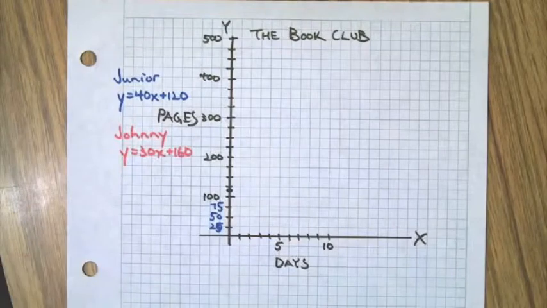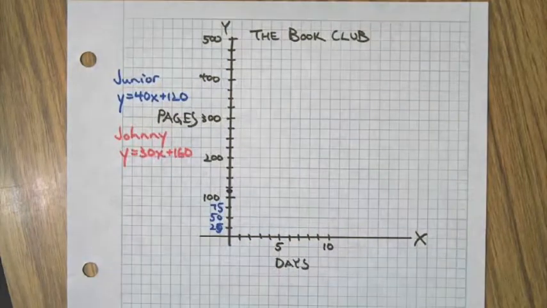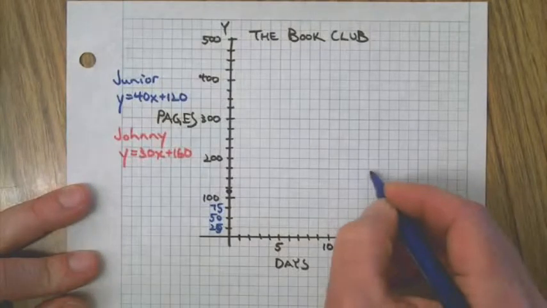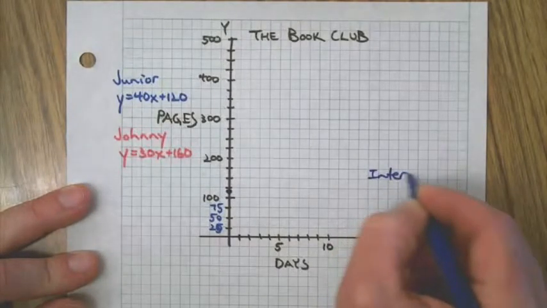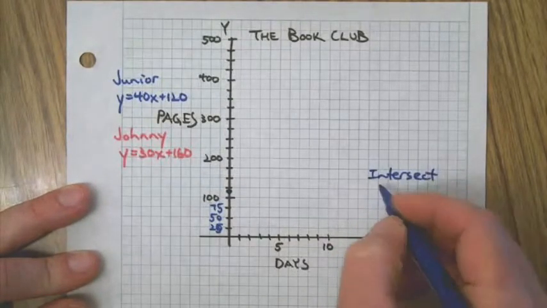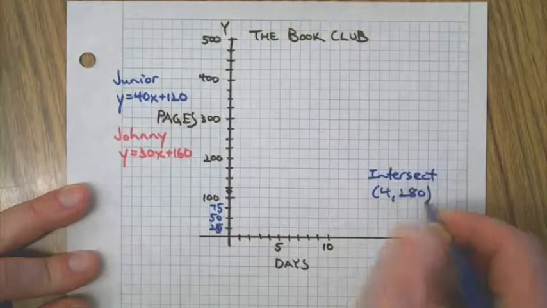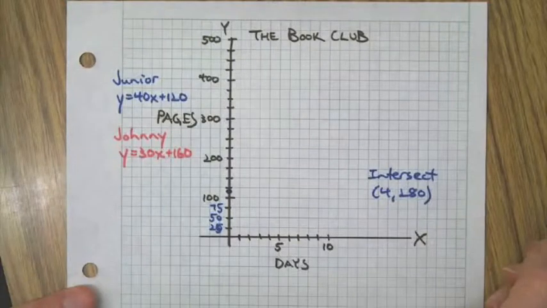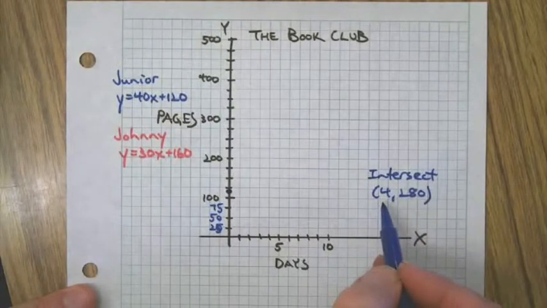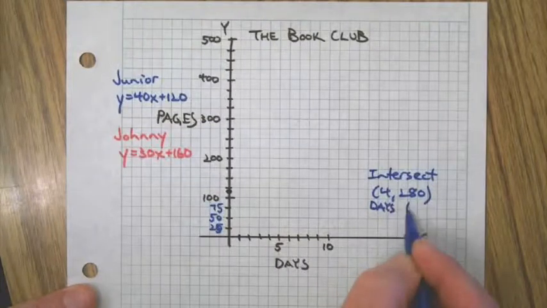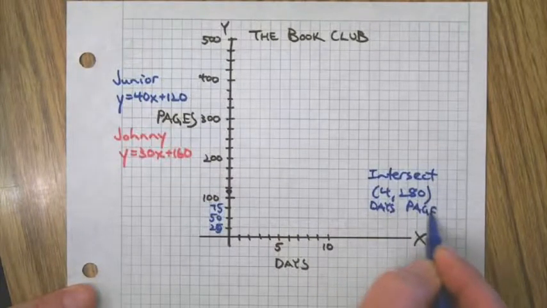Okay? And if you recall from the previous page, the lines intersect at 4 and 280. We figured that out algebraically in the first part of this video. So I'm going to go ahead and put a dot at 4 days and 280 pages. Okay?